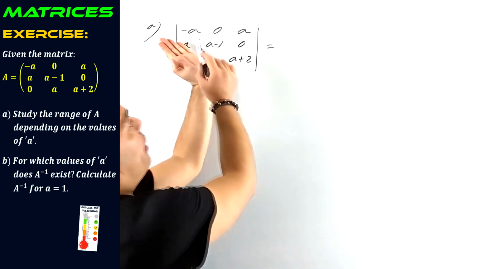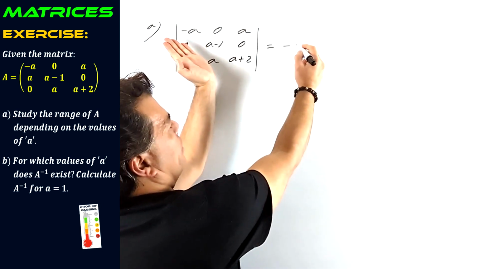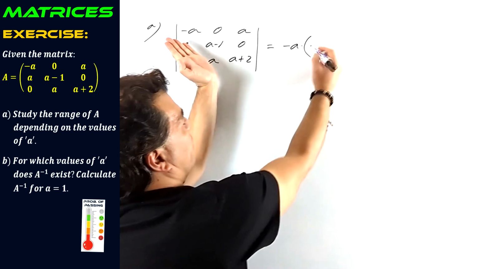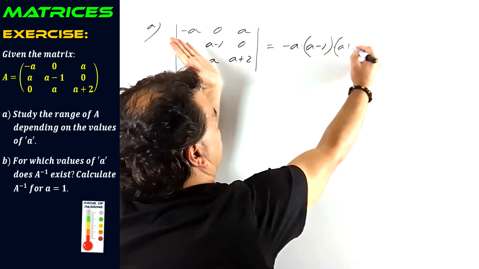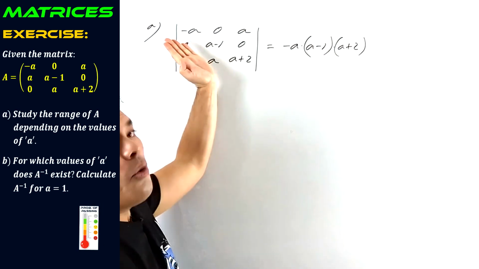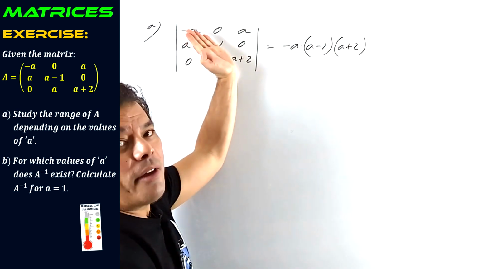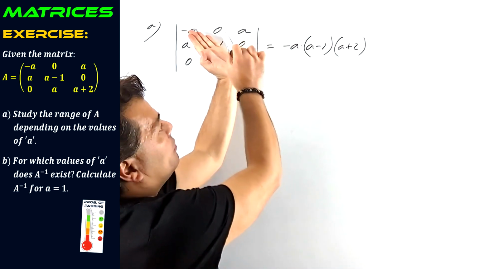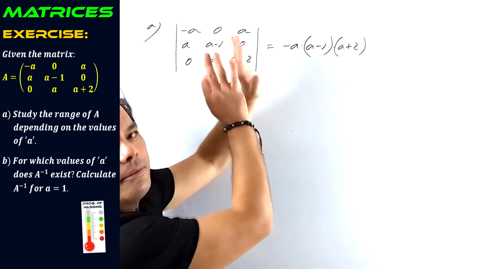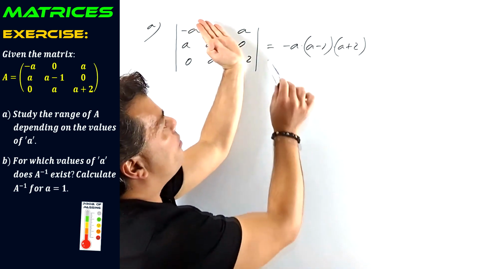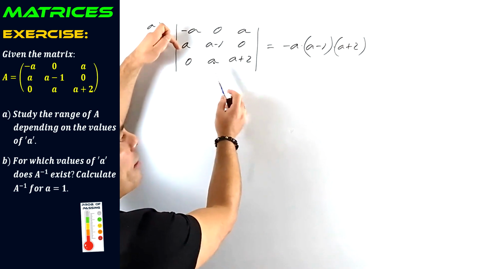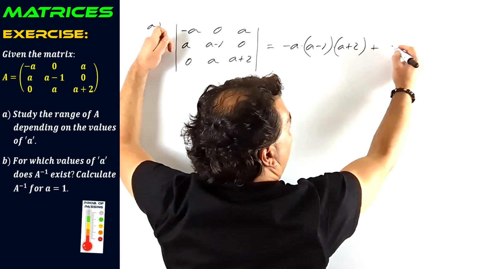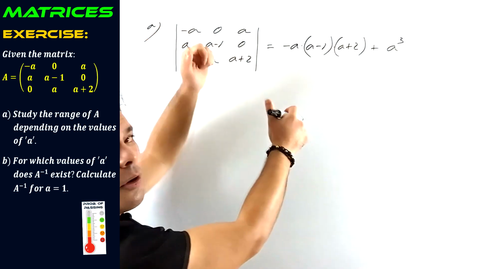Please follow me. Let's do negative A multiplying A minus 1 multiplying A plus 2. Now we are moving to the upper right corner. 0 times 0 times 0, 0. And now A multiplying A and A, that is A cubed, right?